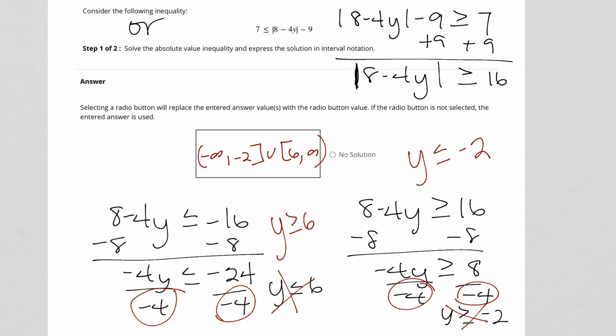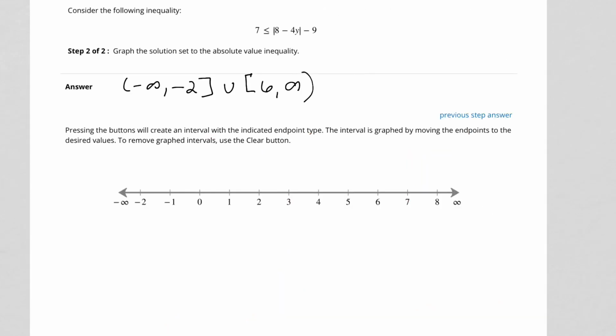So once again, I forgot that when I divided by a negative, I needed to switch the symbol. So just seeing my solution caught that mistake because I knew my solution wasn't making sense. I'm going to put a bracket at negative 2 opening to the left and shading left, and a bracket at 6 opening to the right and shading right.